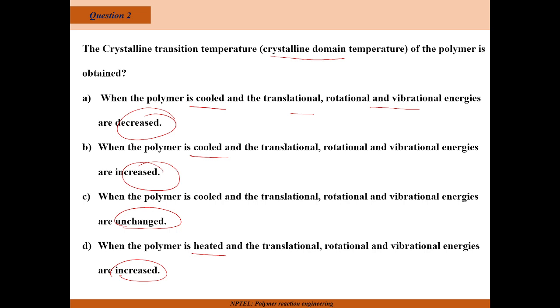So, as sir said, the answer is option A: the polymer is cooled and the translation, rotation, and vibration energies are decreased. So that is the answer for this question. I hope this one is clear. Let's move on to the next question.